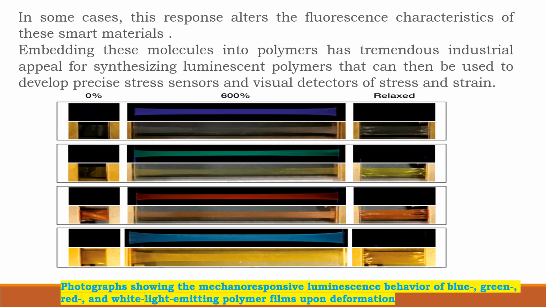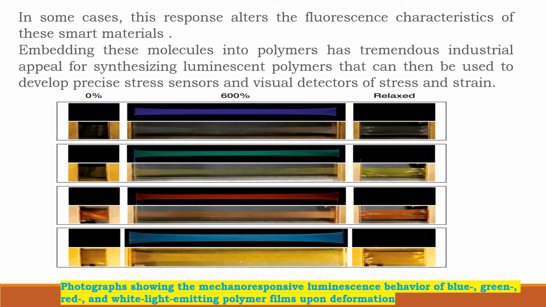Now see, what are the applications of mechanophores? Mechanophores have excellent applications since they have spectral and luminance properties. In some cases, this response alters the fluorescence characters of these smart materials. See, I have a slide there in which I have three parts: 0% stressed, 600% mechanical stress, and a relaxed form.